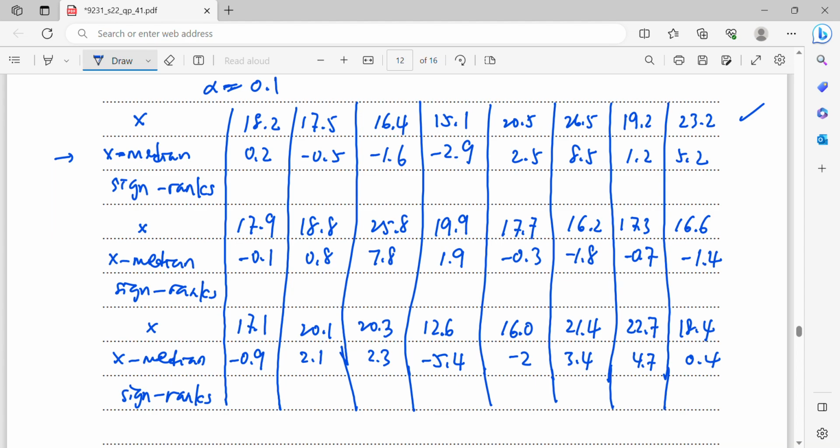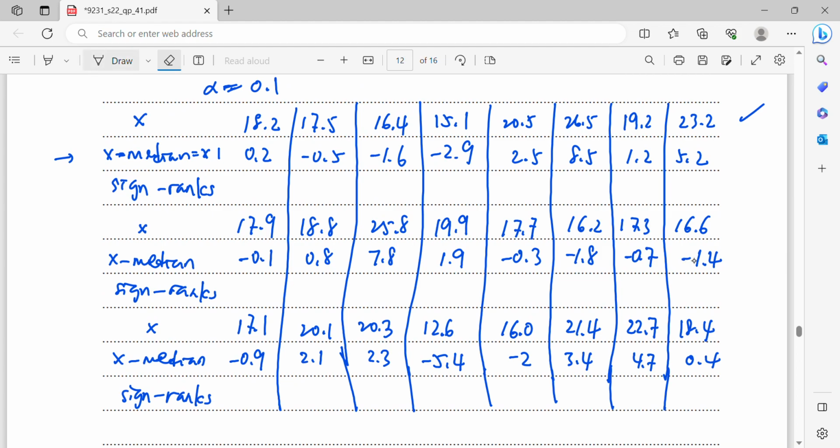Okay, so now for the side rank, all this x minus median is basically x minus 18. Alright, so I think I need to rewrite because you can't see.